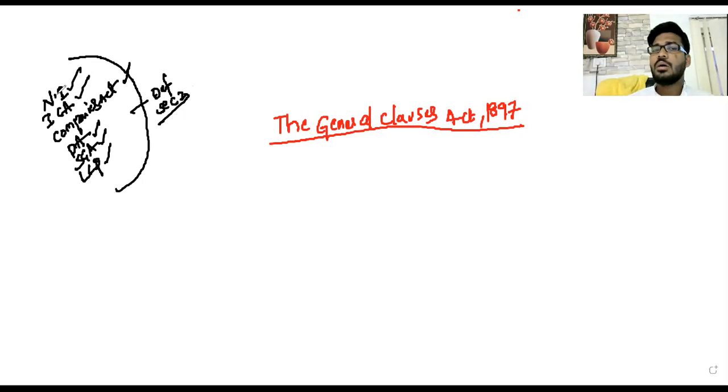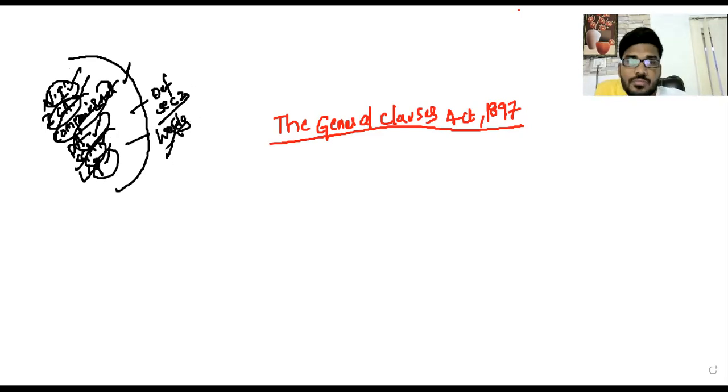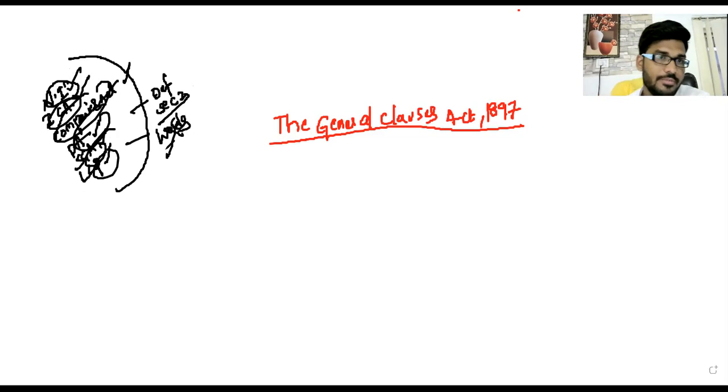Here, some acts cannot define some terms. Some words are not defined under those particular acts. Best example: in the Indian Contract Act, minor is not defined.